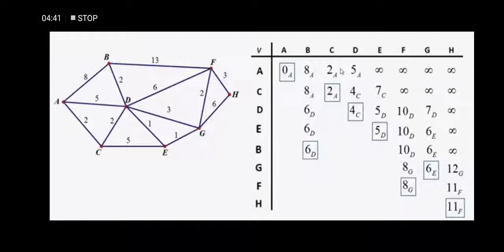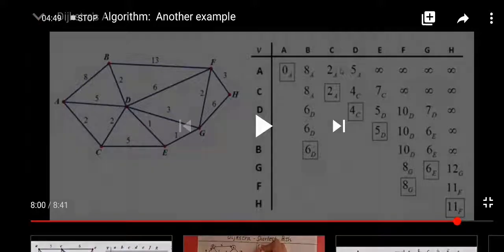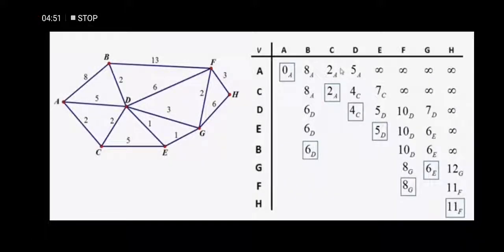So to get the 4 and 7, we look at point C. We consider the length to D. So from vertex A to C and to D would be 4.